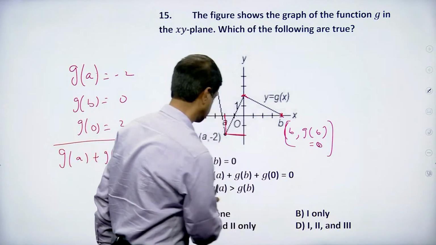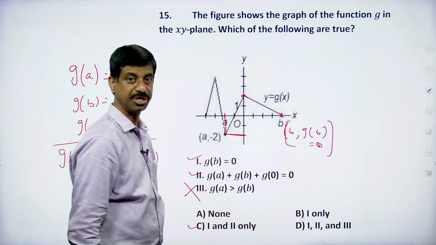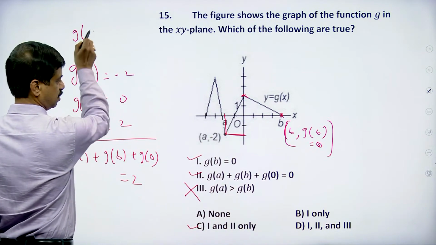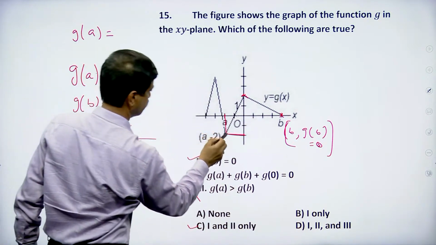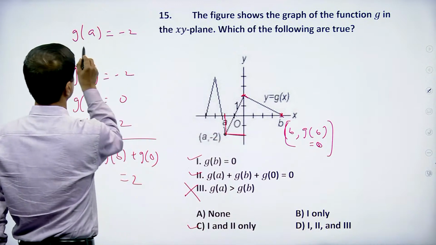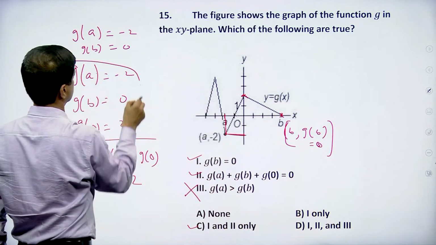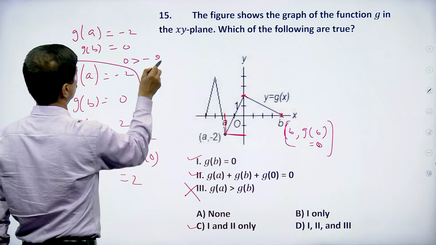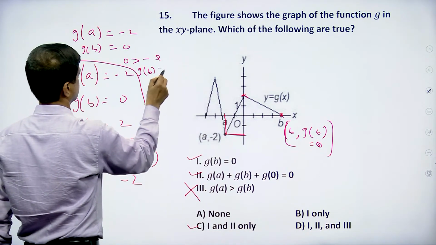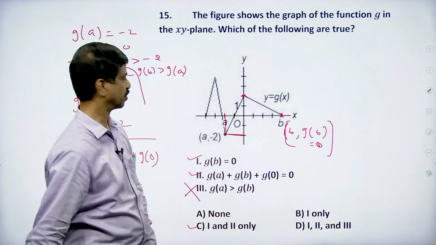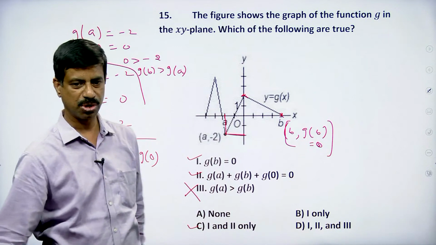This is wrong because 3 is not correct. g of a is minus 2, g of b is 0. So, 0 is greater than minus 2. So, g of b is greater than g of a. So, therefore, this is wrong. Right, children? So, please note it.